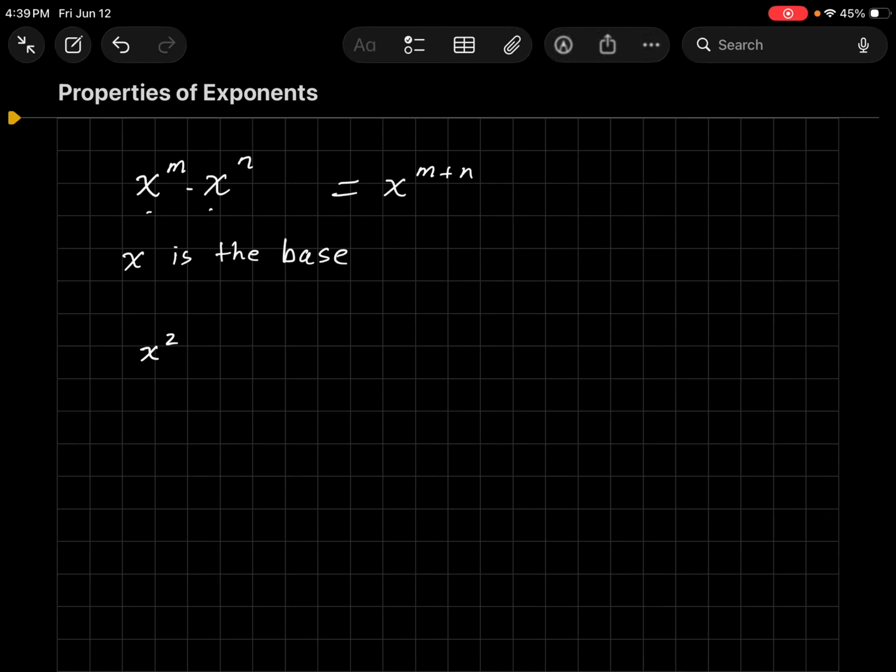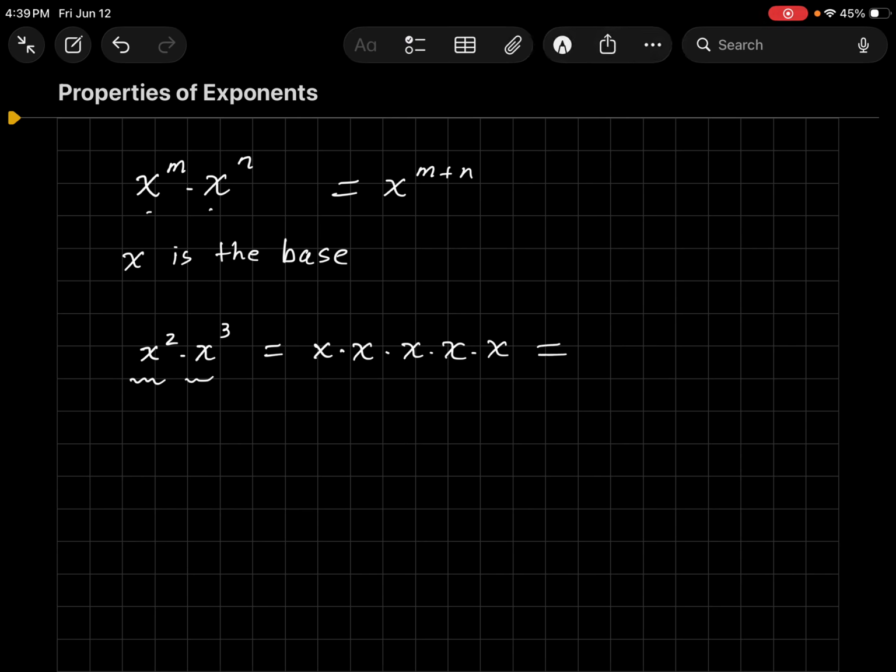Let's look at x squared times x cubed. What does that equal? Well, anything squared means the thing times itself. That's what x squared really means. It's a shorthand for x times x. And x cubed means it's x times x times x.